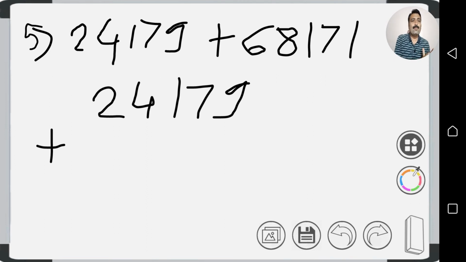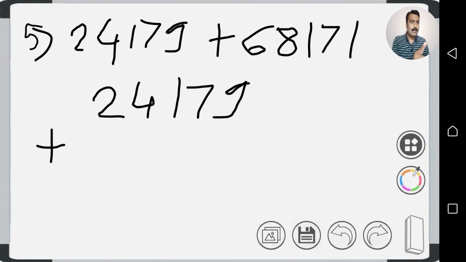So it is important to arrange the digits at proper places one by one. How can we arrange 68,171? If you find it difficult, there is an easy way. We arrange 68,171 in the opposite way.